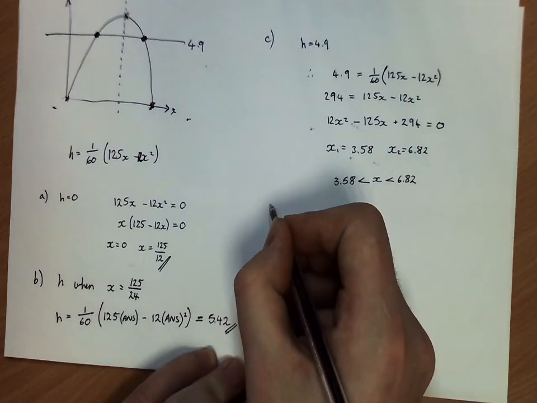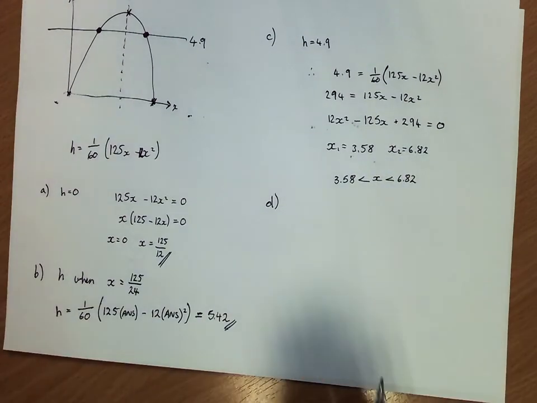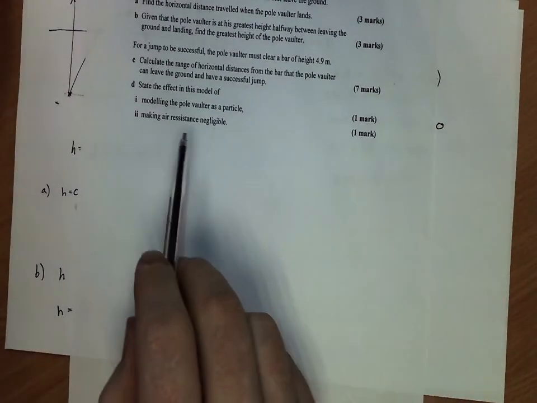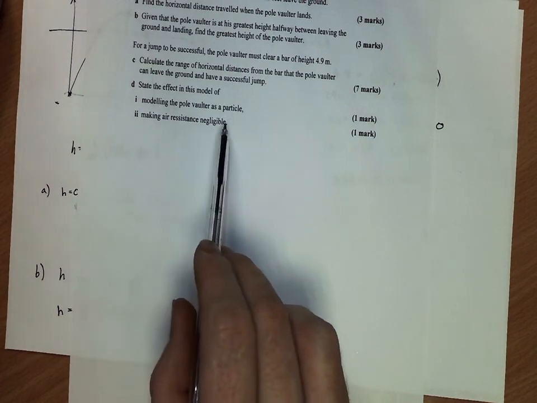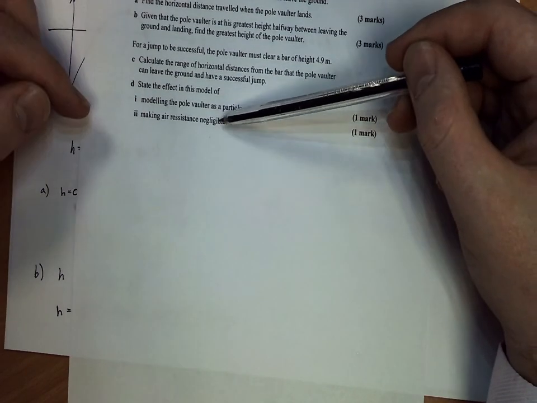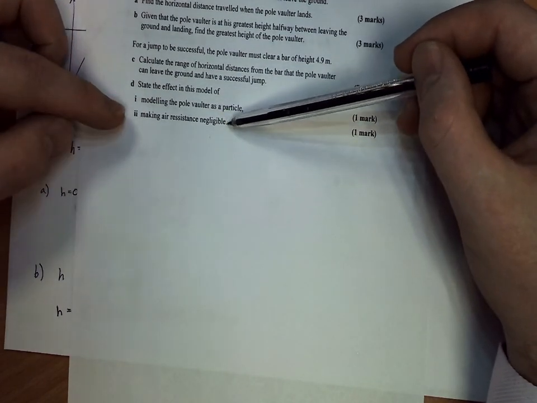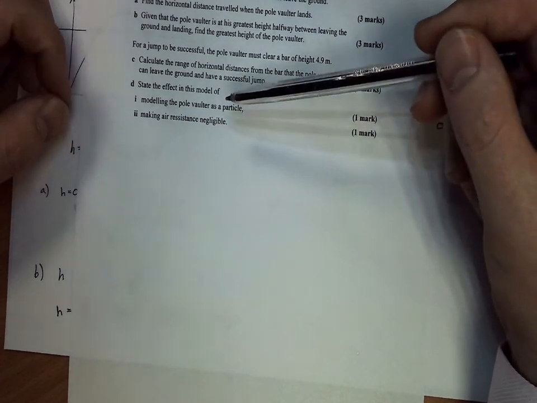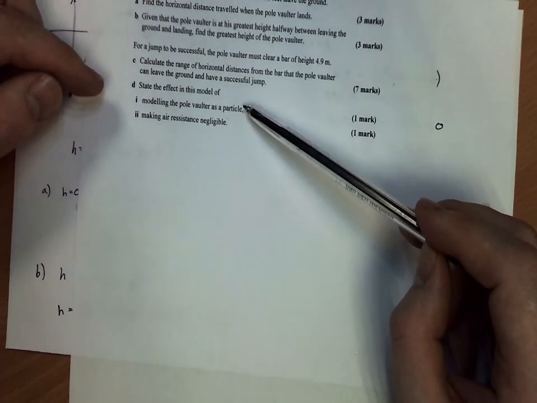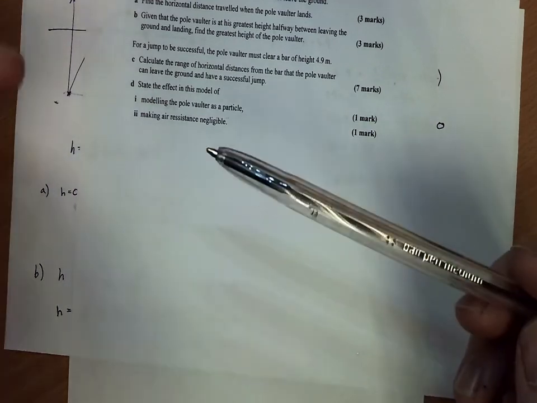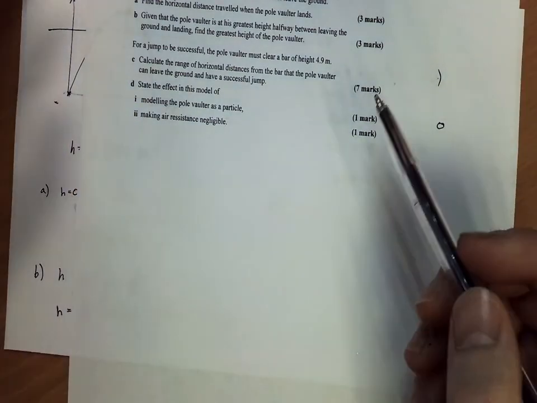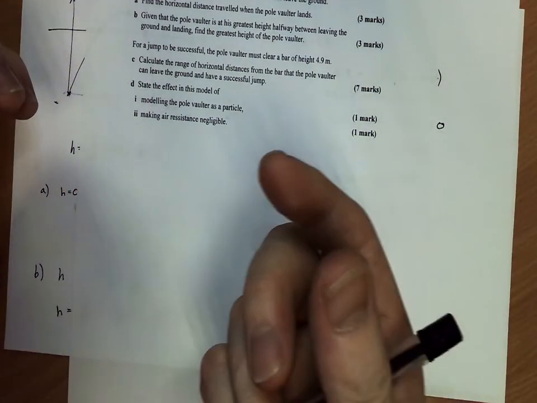Part D is just a definition question, and Part D asks you what the effect of modelling the pole vaulter as a particle has. And I would have said originally that by modelling him as a particle we can assume there's zero air resistance, but you can't really use that answer because it's given in the second part. So what we're going to do instead is think about how a particle behaves differently to a human body. If you think about the rotation of the human, that's going to be completely ignored because it's being modelled as a sphere instead.